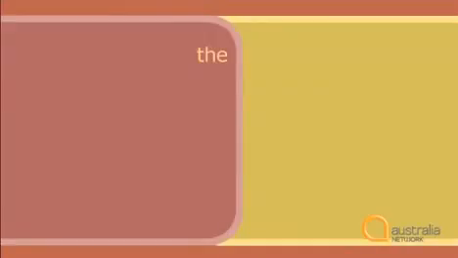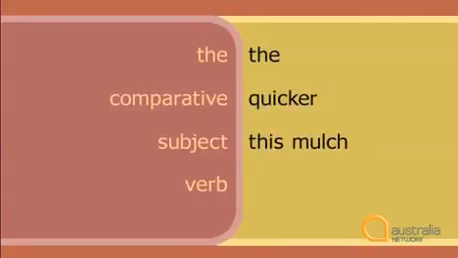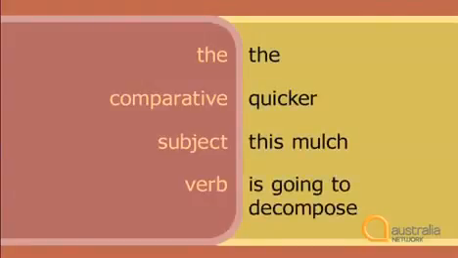Let's see how the basic structure of a comparative expression like this works. The form is the plus the comparative plus the subject plus the verb. Tracy said, the quicker this mulch is going to decompose.